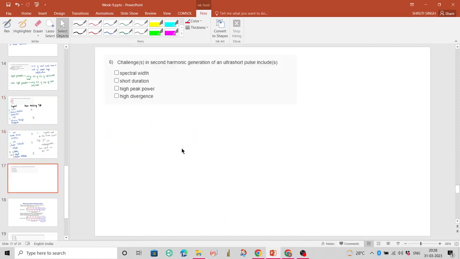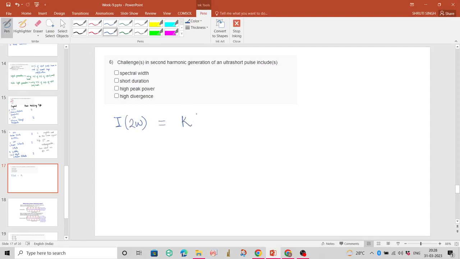So let's see the next question. The next question is about challenges in the second harmonic generation of an ultrashort pulse. Now, let me write an expression here. This is the intensity of the second harmonic.